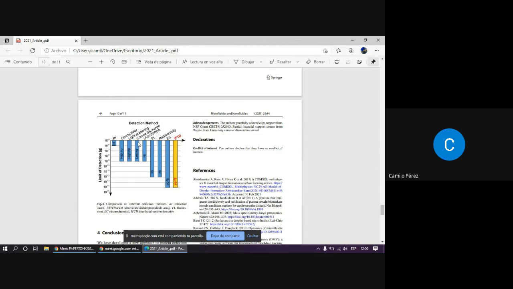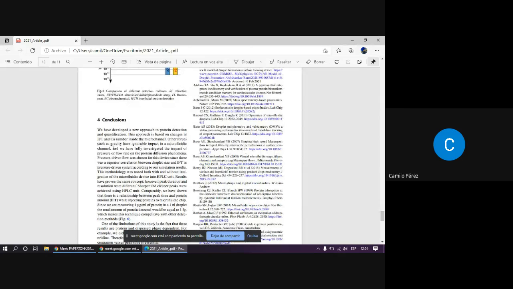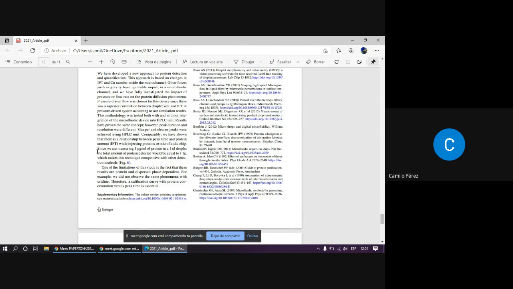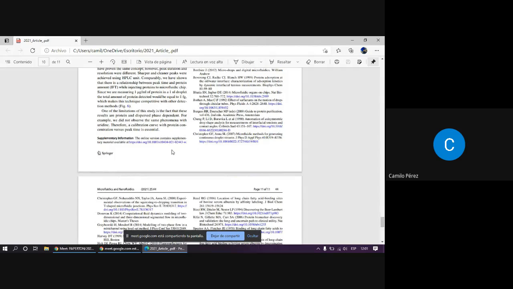Now, as an alternative for quantification and detection of different proteins, in this case it is more efficient as a method for protein detection. The limitation of the study is the size, and the protein displayed on the other weight protein or previously HPLC techniques. Okay, that is all. Thanks.